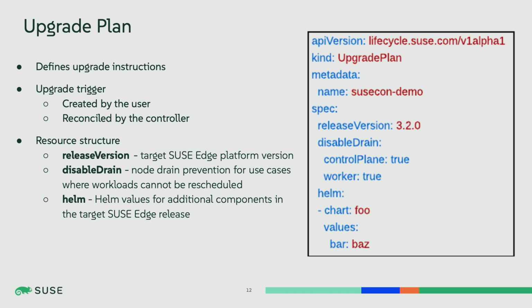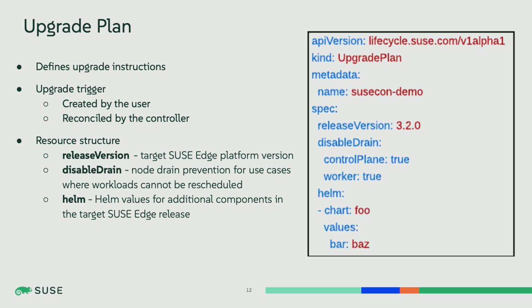The other two configurations are optional and give the user the possibility, first of all, for HA clusters, to disable the default node drain that the upgrade controller does for operating system and Kubernetes upgrades. The other configuration mechanism is the ability to configure custom values for SUSE core Helm charts, because a specific Helm chart might require some environment-specific configurations in order to function after an upgrade.